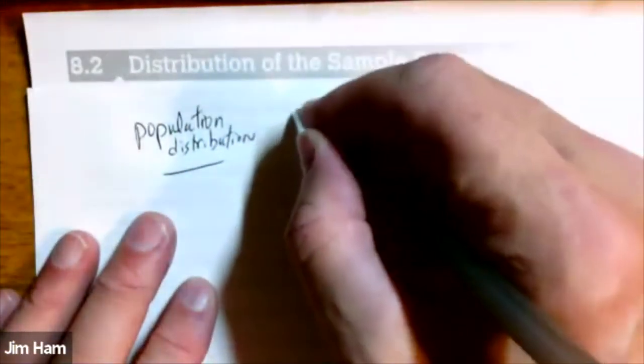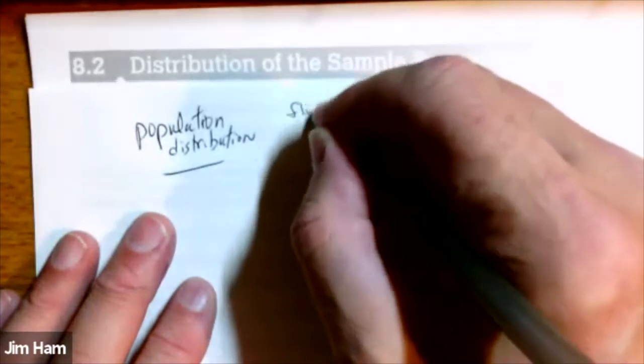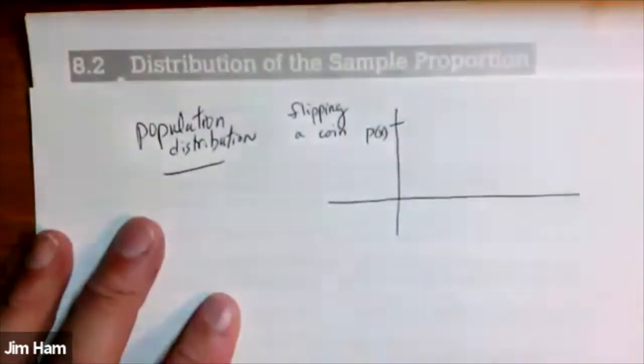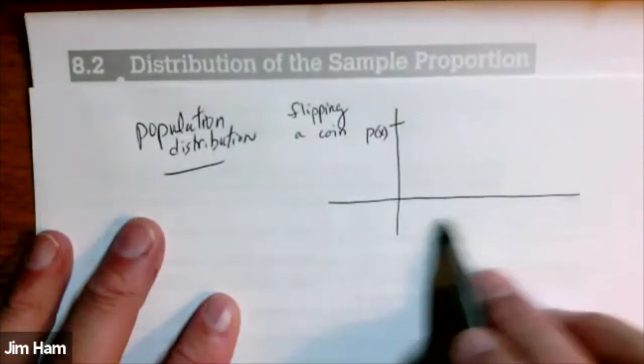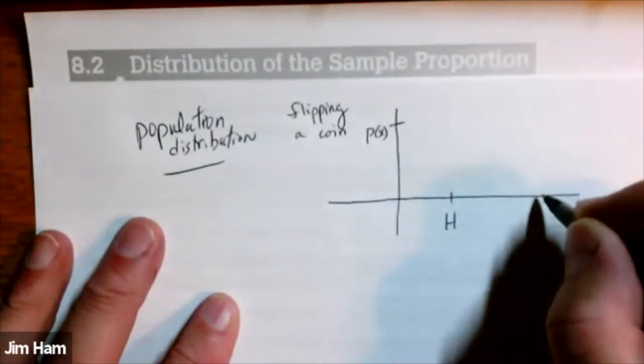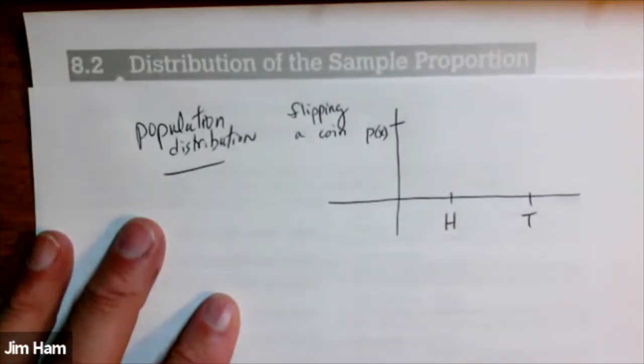So an example here could be flipping a coin. And if this is the probability, the outcomes down here are not numbers like they were with the dice example. All we have are heads and tails.